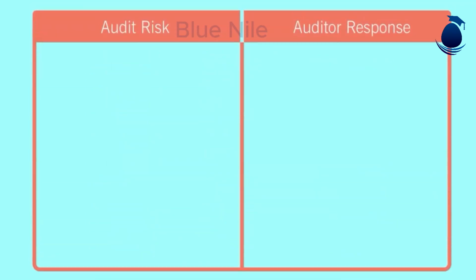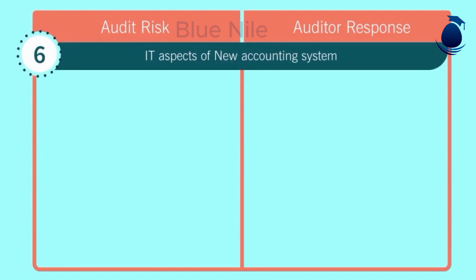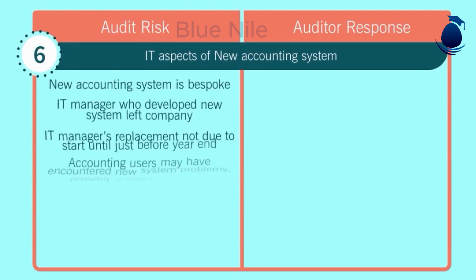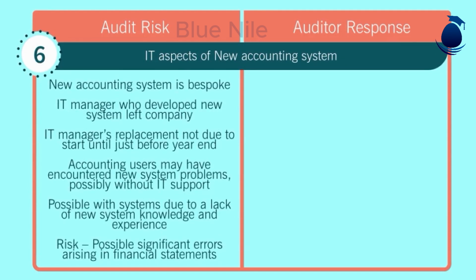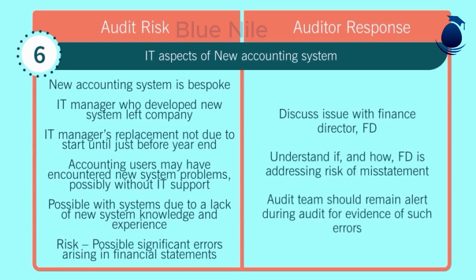For the IT aspects of the new accounting system, there are IT personnel and support risks, and financial error risks, which the auditor needs to address directly with the finance director, and ensure the audit team are also alert.